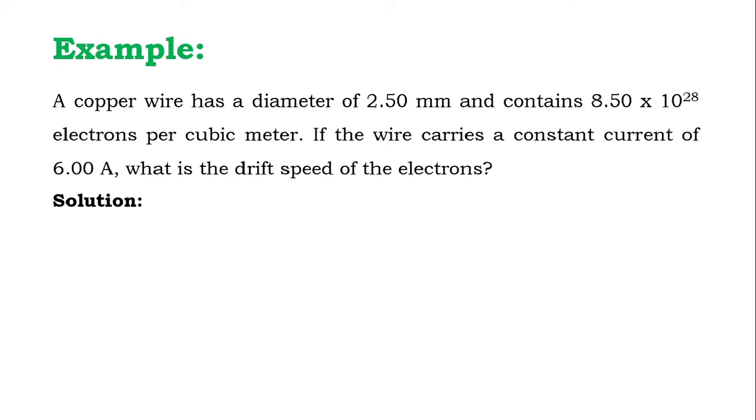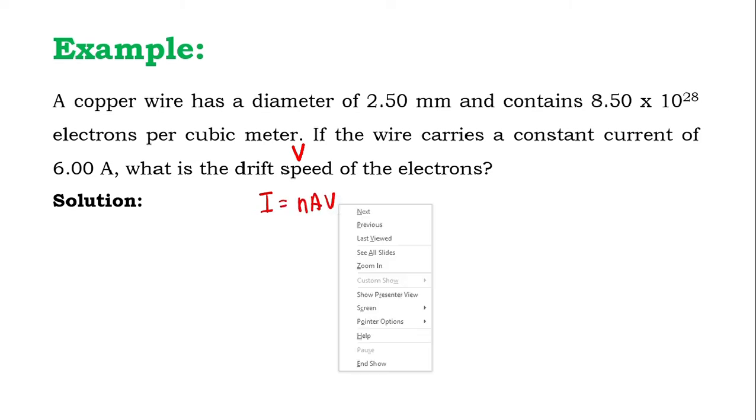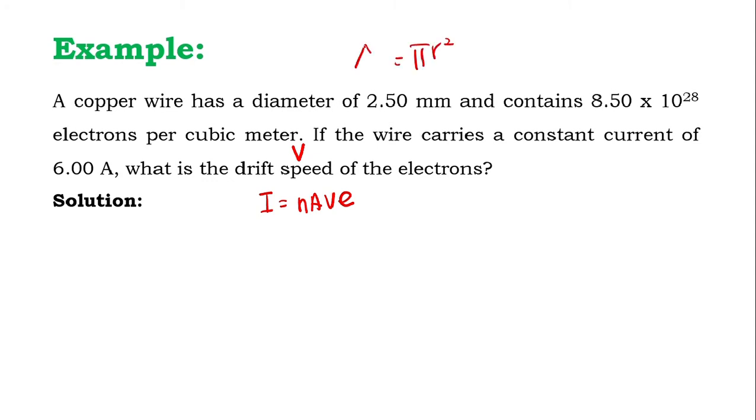Now, here is the example. Dia kata a copper wire has a diameter 2.0 mm, contains 8.5 × 10^28 electron per cubic meter. If the wire carries a constant current I, what is the drift speed? Nak cari v. So I sama dengan nAve. So dalam situasi ni e dia dah bagi nilai, v dia awak nak cari, area awak boleh kira πr², kuasa 2 area.